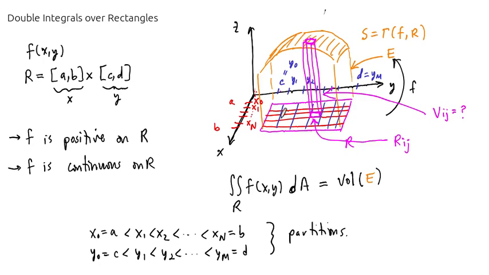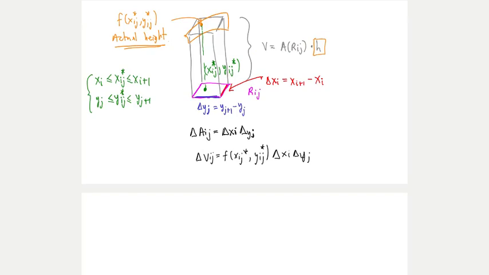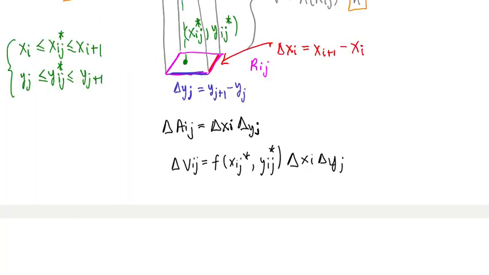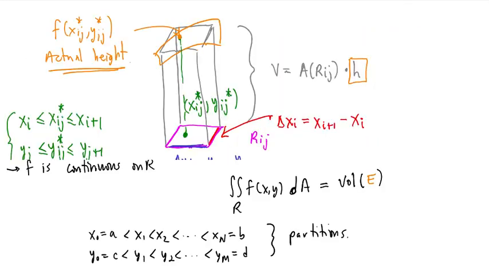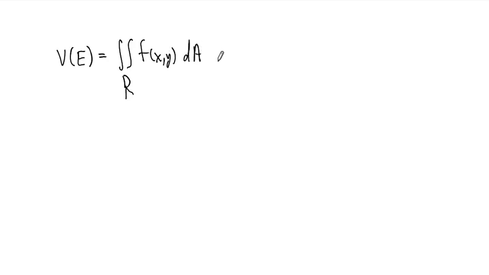We need to add in all the volumes of all these boxes, and what we end up with is the following formula. So the volume of this region E, this is what we're trying to compute. Our notation was that this is the double integral over R of our function f of x, y dA.